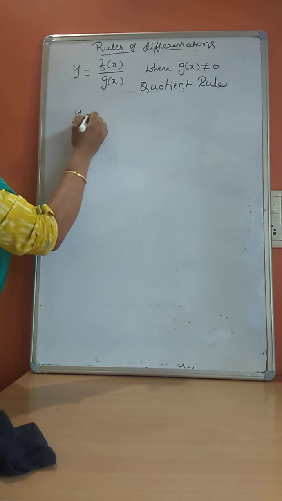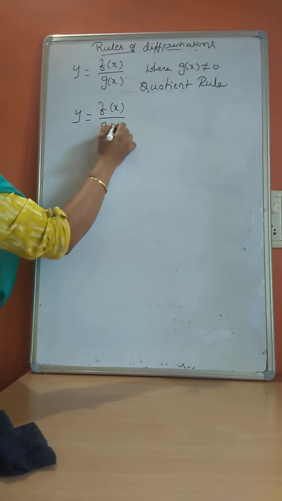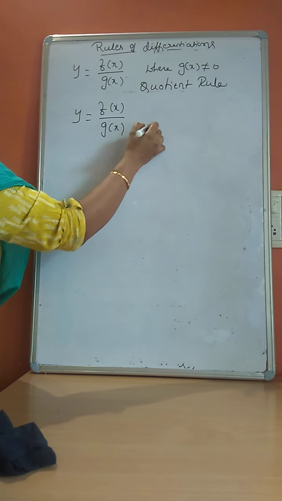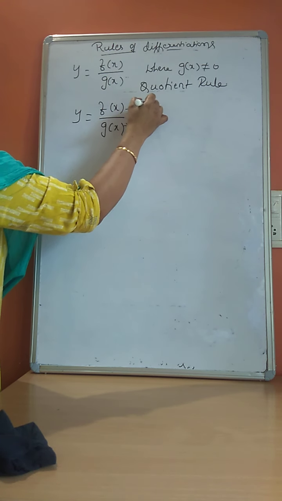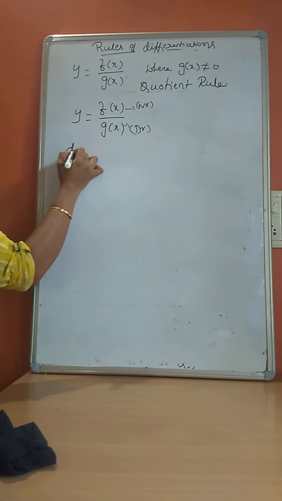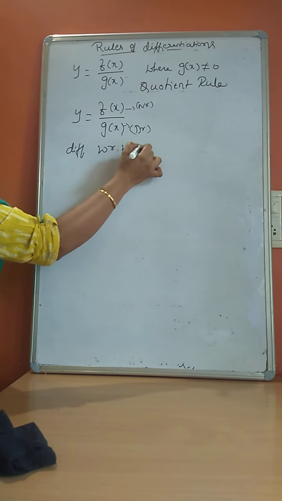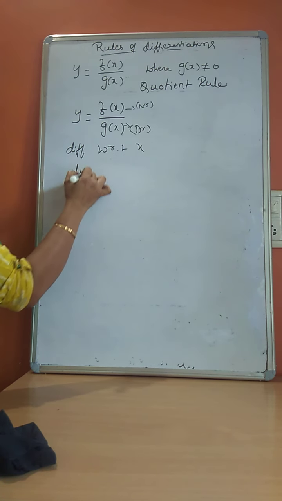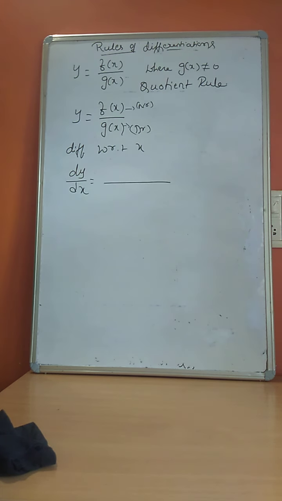That is, y is equal to f of x divided by g of x. This function is the denominator, this one is the numerator. How to differentiate this one? It's very easy. Observe this one. Differentiate with respect to x. We get dy by dx is equal to square the denominator.